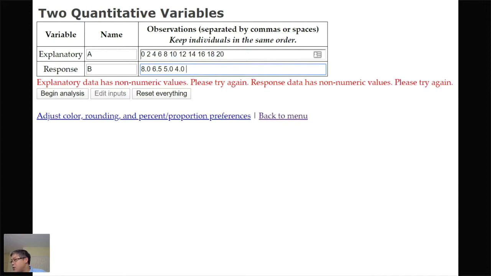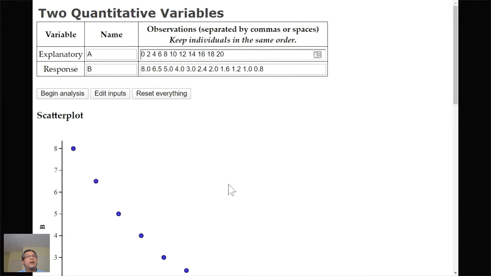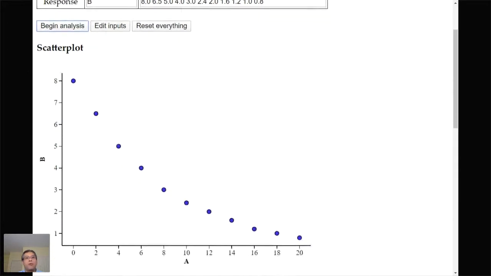So you can see just by what I'm doing here that these data have a negative relationship. The larger the explanatory variable, the smaller the response variable. Okay. So you can see this lovely scatter plot here, hopefully.